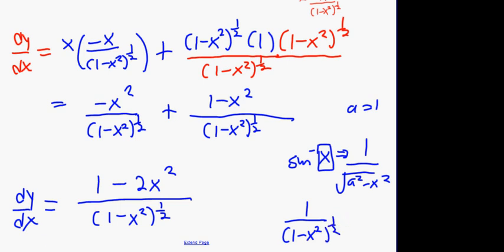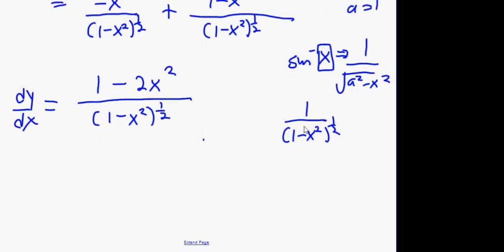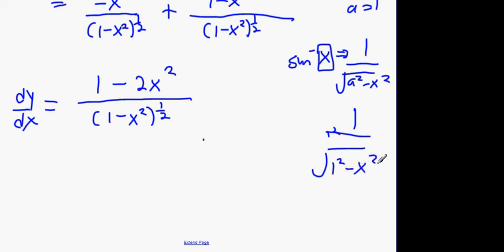Now, this derivative here, sorry, I just skipped a step that might have confused us. 1 divided by the square root of 1 squared minus x squared, okay? That in turn changes into 1 minus x squared to the power of a half, which actually turns out to be the same denominator we had already.